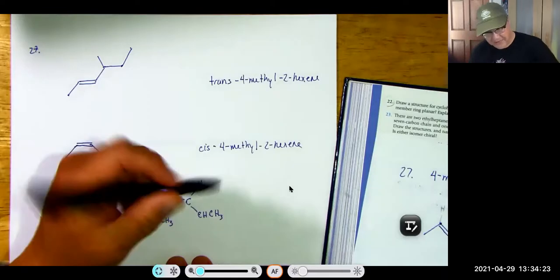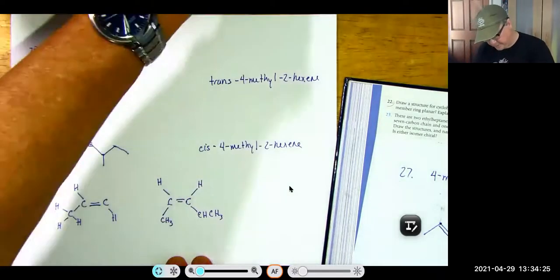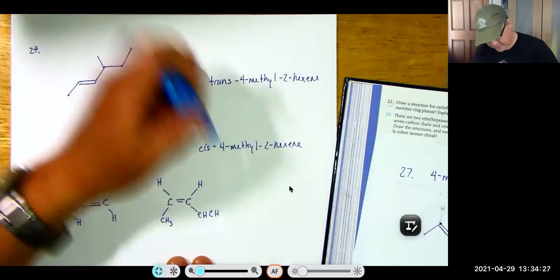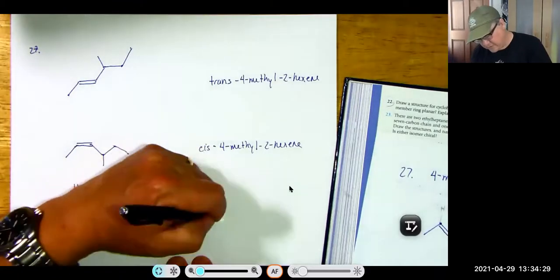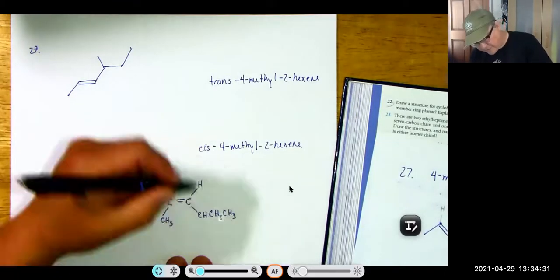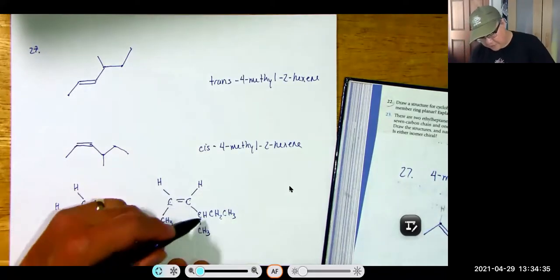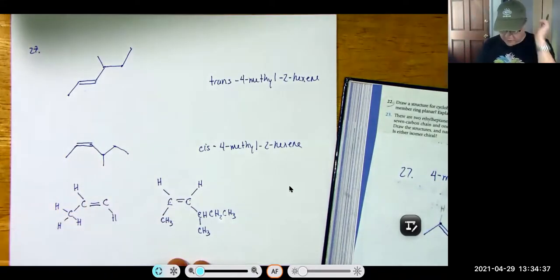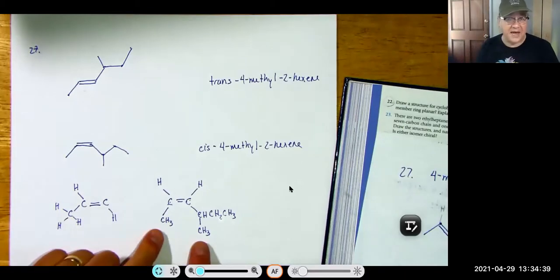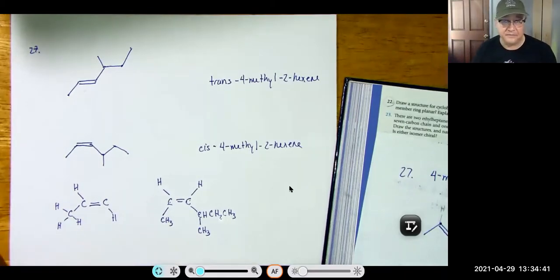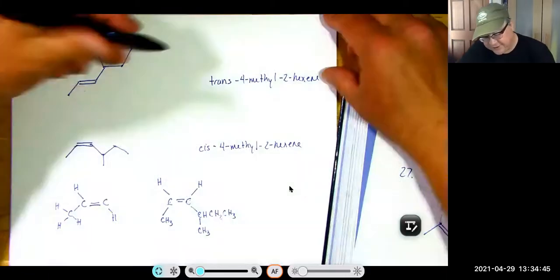Oh, that should be a CH2. And then coming off of this guy, a CH3. 1, 2, 3, 4, that's your 4-methyl. So this way is not so bad, right? And up here, you could do this.